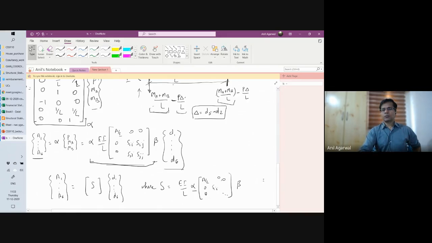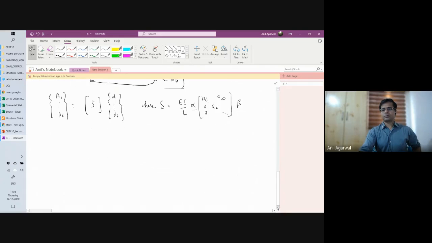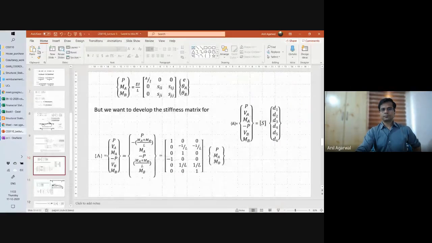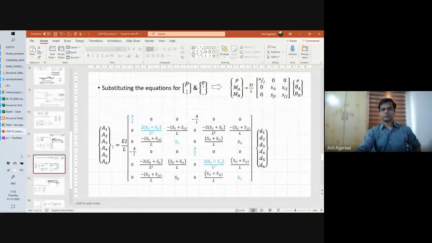Okay, if you multiply these alpha and beta values to this matrix, I'm not doing it here. What you will get is a matrix.